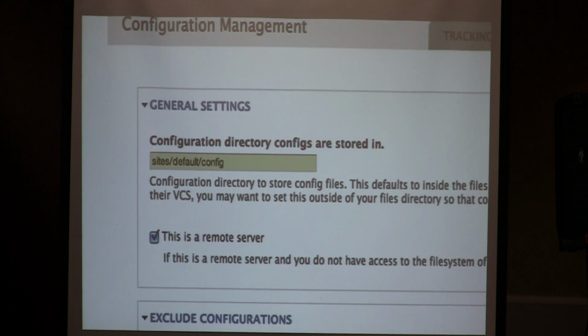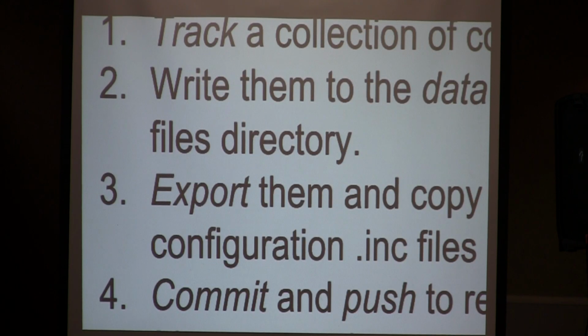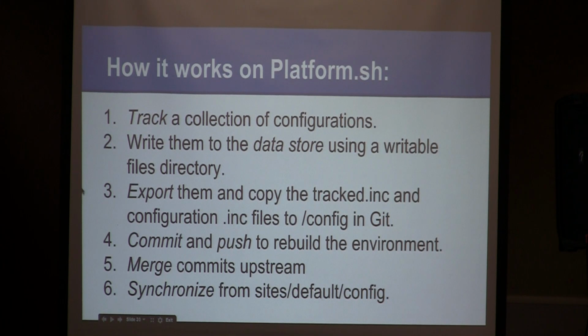And so ultimately, the process that I've described, if I zoom back out, is we started the new website on Platform. We created our environments. In the very downstream development environment, I've tracked a collection of configurations. I've then written them from the active store, which is the database, to the data store, which is my file system.